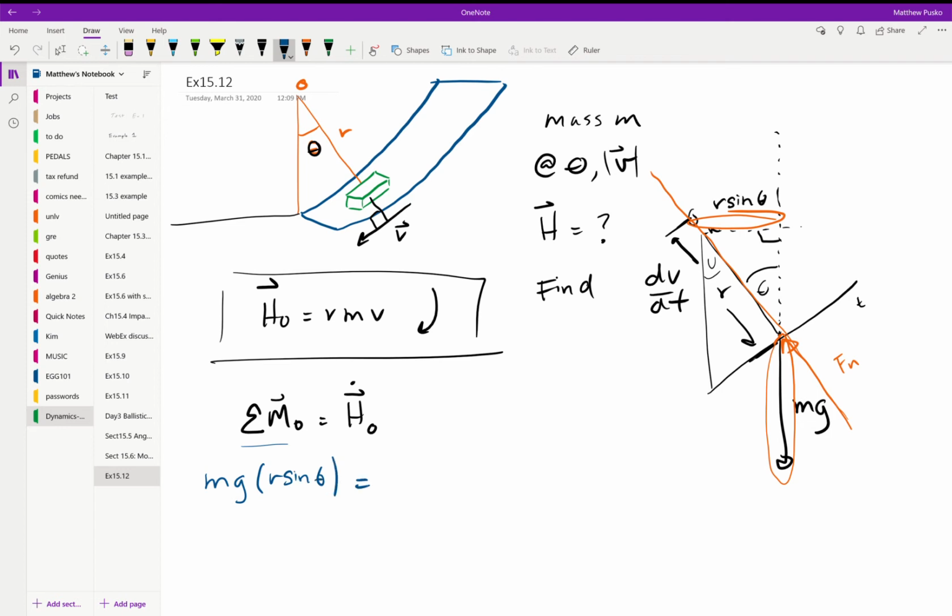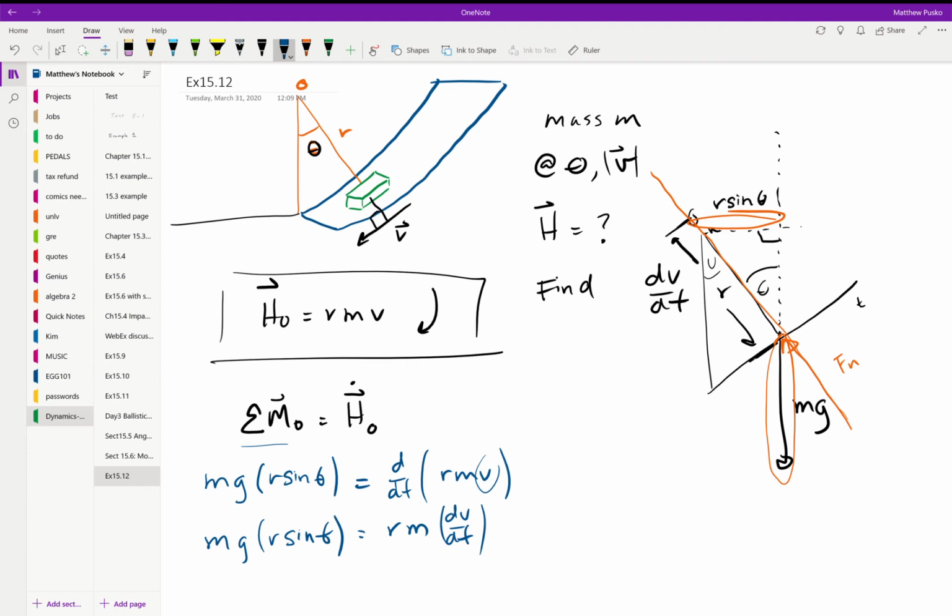Alright, what about the time rate of change of angular momentum? Let's just write that time rate of change of angular momentum. Radius times mass times velocity. The mass and radius are constant, so the derivative only goes to this term. So we can say Rm dv dt is equal to mg r sine theta.